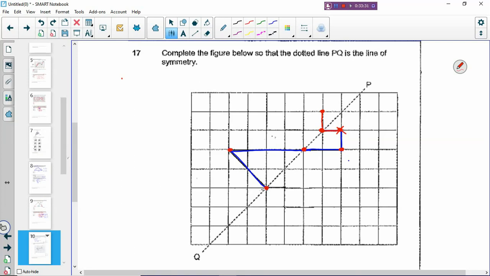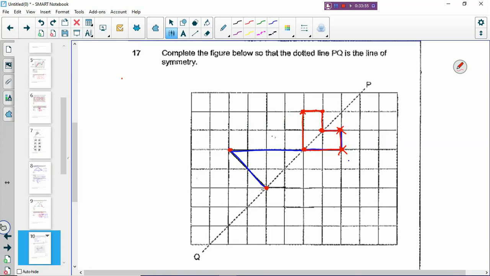Then from here, go to the next dot, and how many squares from the line of symmetry? It is 1 square, diagonally from the line of symmetry. So over here, you have to mark out the dots, and from this dot, you trace the line until the line of symmetry, and you do the same on the other side, right?